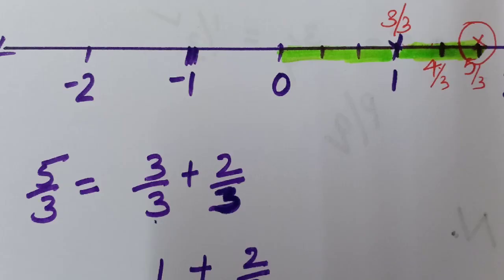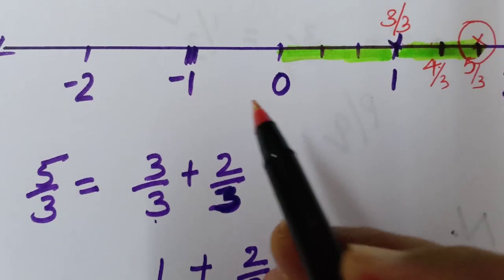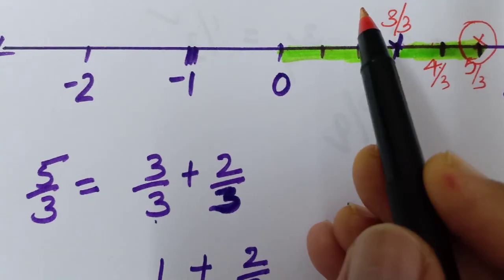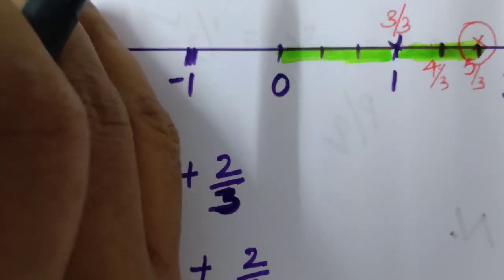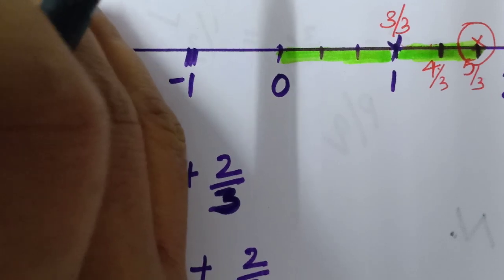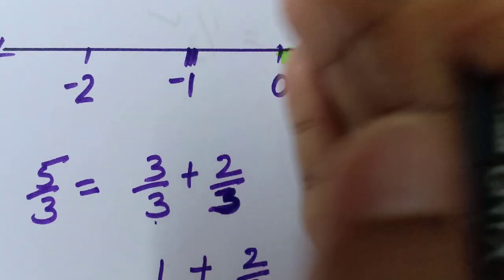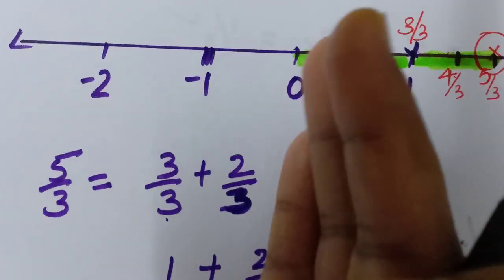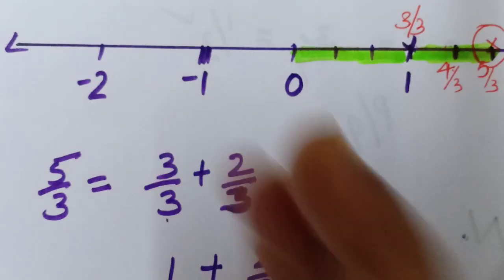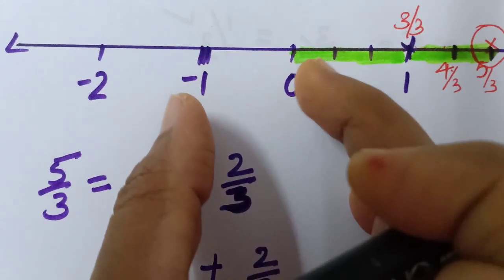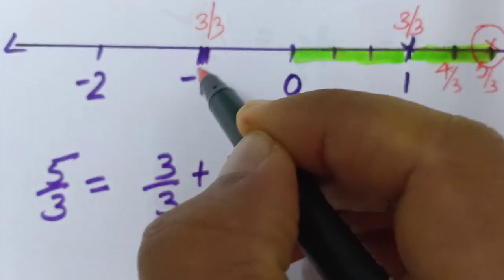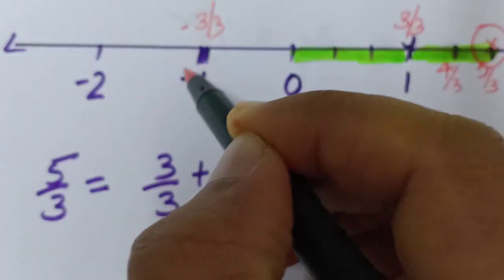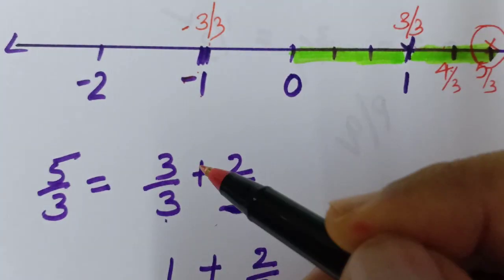Same, let us look at minus 5 by 3. We have to take it to the left of the number line. Plus 5 by 3 is to the right of the number line, and minus 5 by 3 will be to the left. This one represents a total of 3 by 3, so 3 by 3 is this, minus 3 by 3 is this, minus 1.